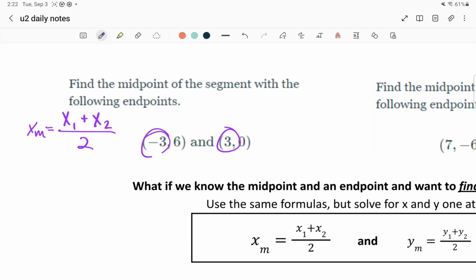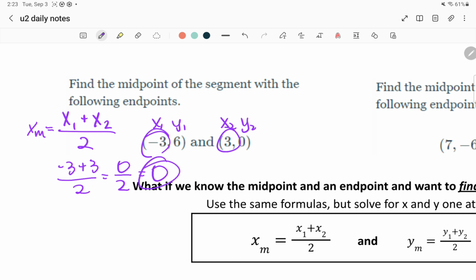So I've got negative 3 and 3. I'm just going to plug those in because this is my x1, y1 and x2, y2. I'm just going to plug negative 3 and 3 into my formula over 2. Okay, negative 3 plus 3 is 0. 0 divided by 2 is 0.